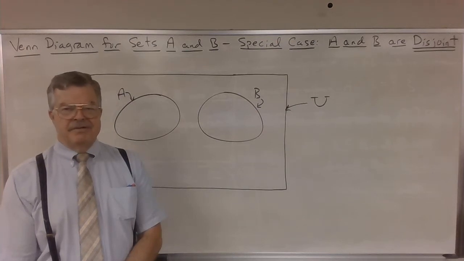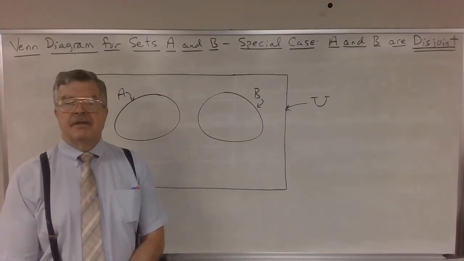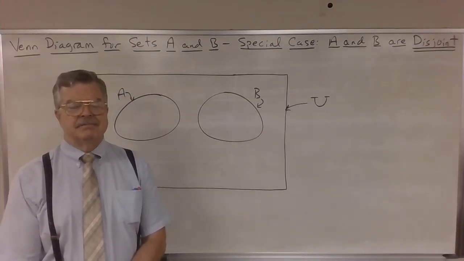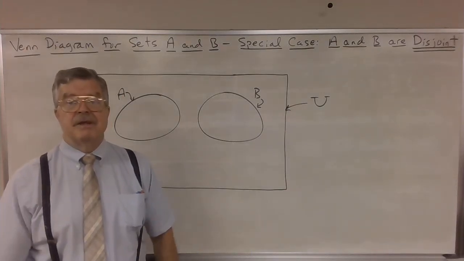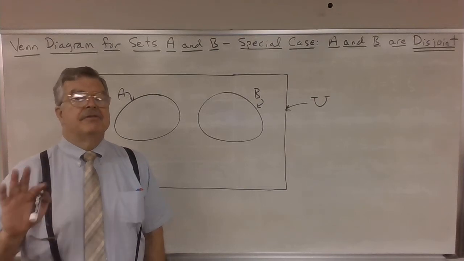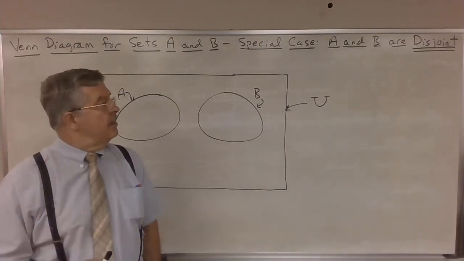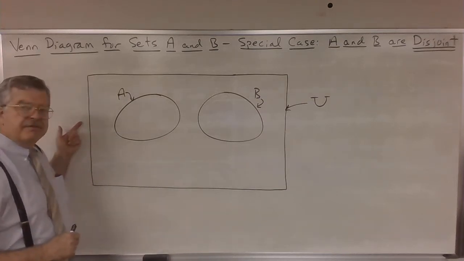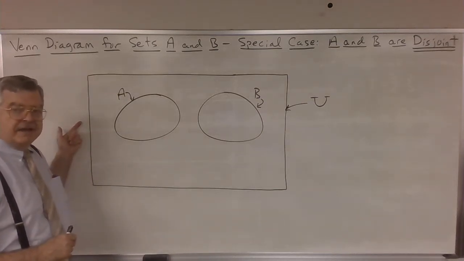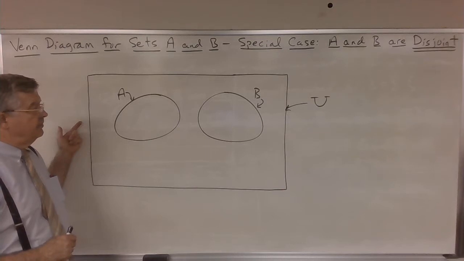If we know in advance that sets A and B are going to be disjoint, that is, they have no elements in common, then we can draw the Venn diagram for A and B this way.